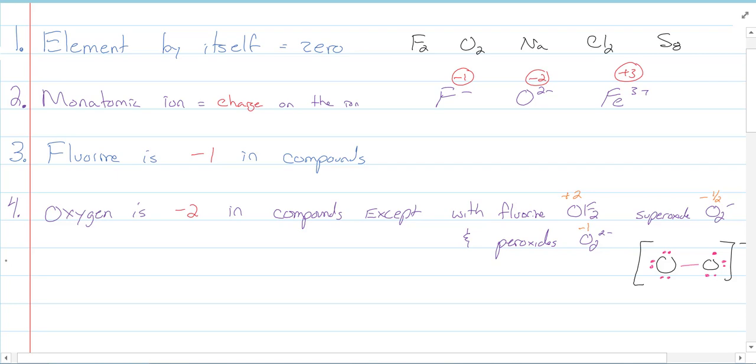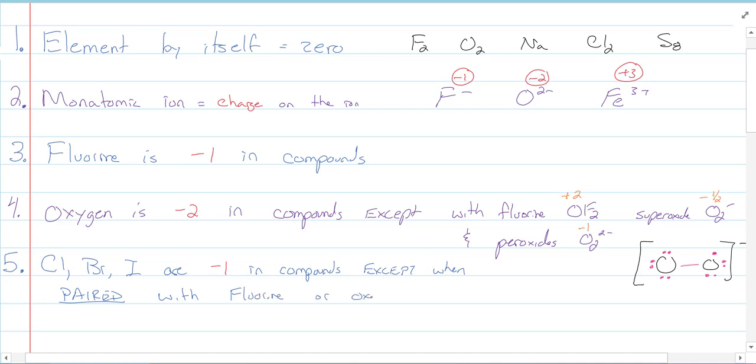Number 5. Staying with the negatives. Chlorine, bromine, iodine are -1 in compounds, except when paired with fluorine or oxygen, such as ClO3-.